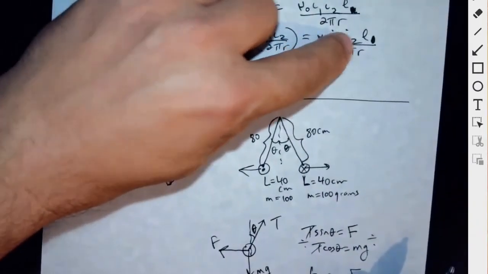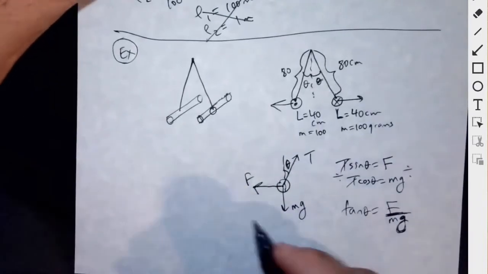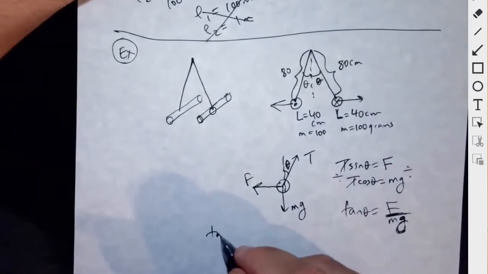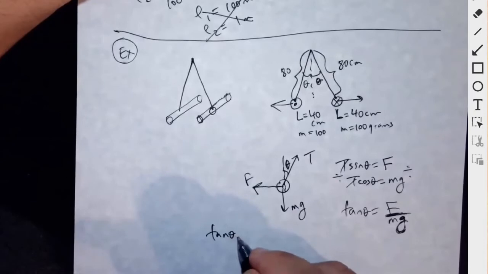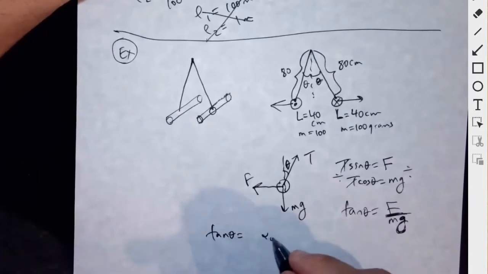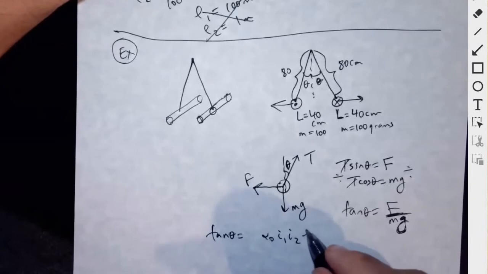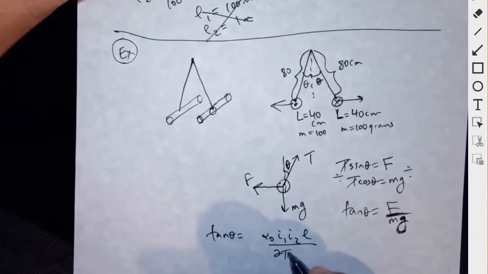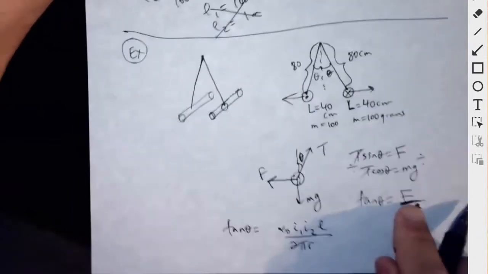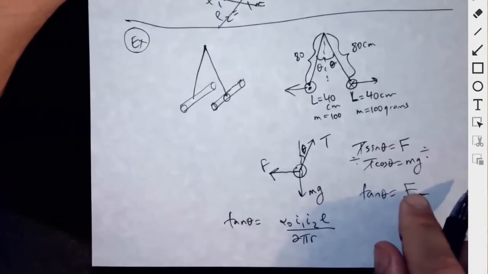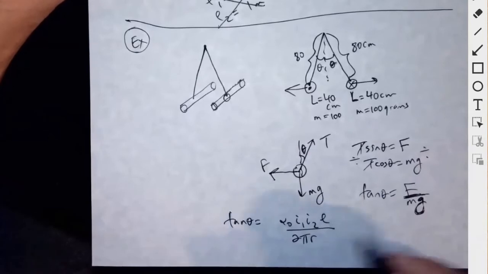mu0, I1, I2, L over 2 pi r. So tangent theta is mu0, I1, I2, L over 2 pi r. So that's all that is the F. And then you have the mg.